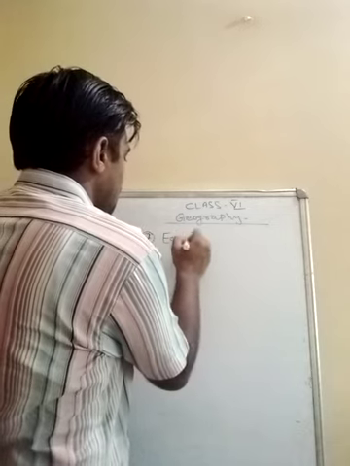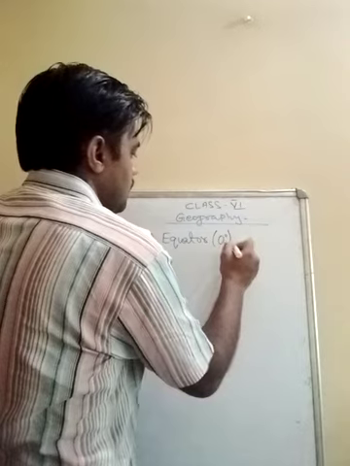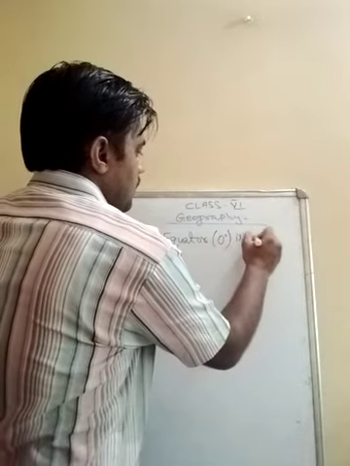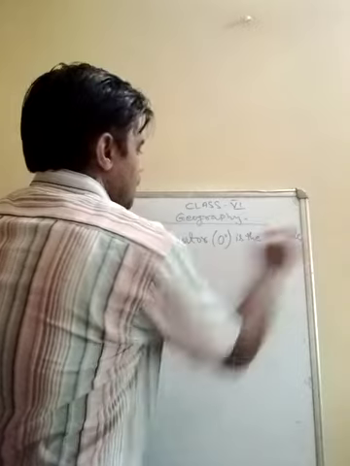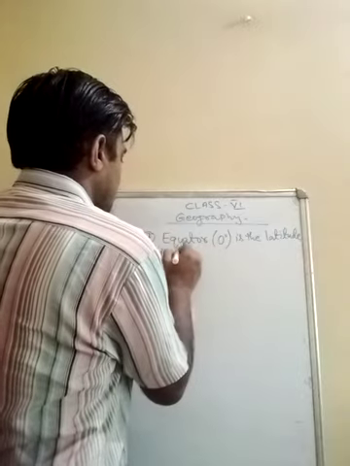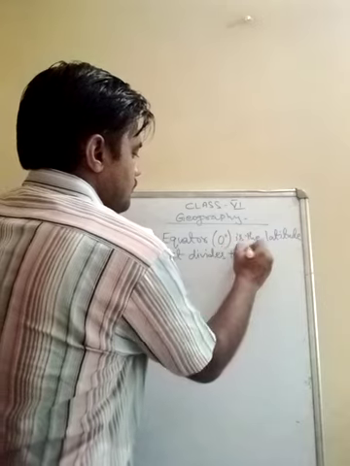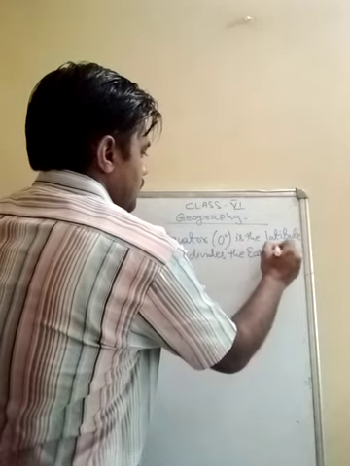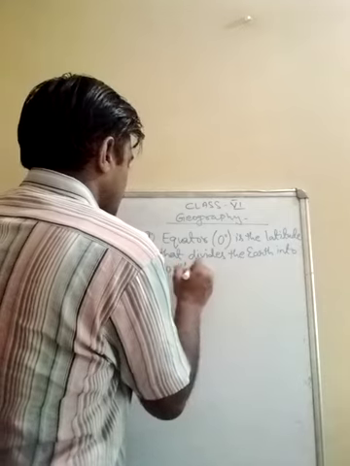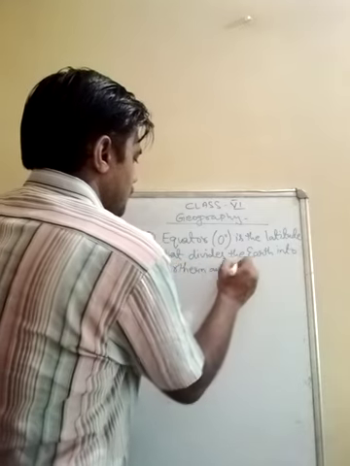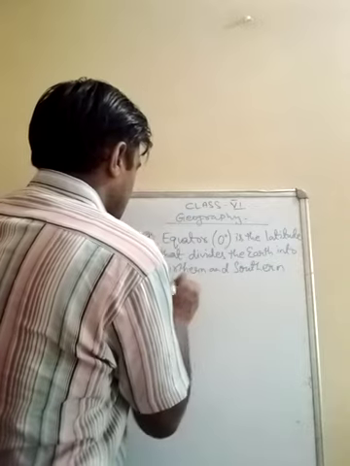Equator, in bracket write down 0 degree, is the latitude that divides the Earth into northern and southern hemispheres.